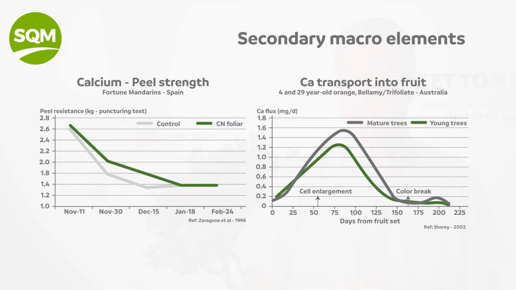The graph on the right shows when calcium moves in the plant. On the y-axis you have the calcium flux, and on the x-axis the days from fruit set. You can clearly see in both mature trees and young trees that the movement is from cell enlargement until color break in citrus.